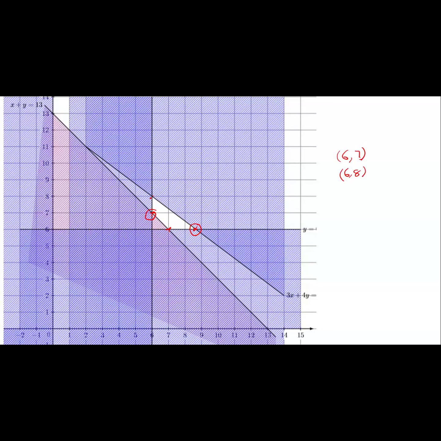Then this one here is 7 and 6. In case there is any within the boundary that you can easily read, take this one, I read it as 6 and 7. The rest that you can't read, these ones are going to give you non-integer points, ignore them. So you take the ones that you can read, the ones that are giving you integer values.